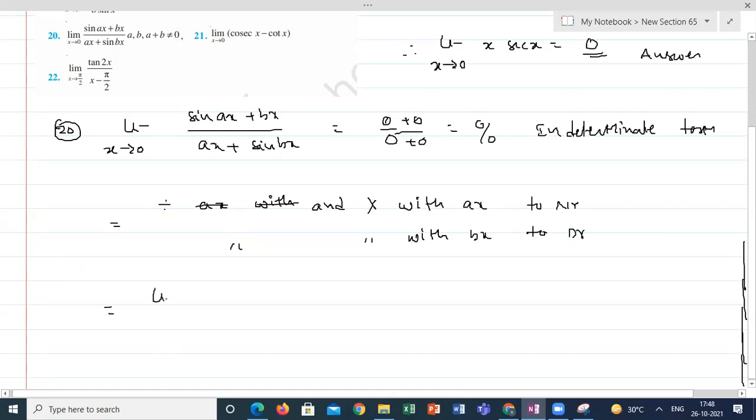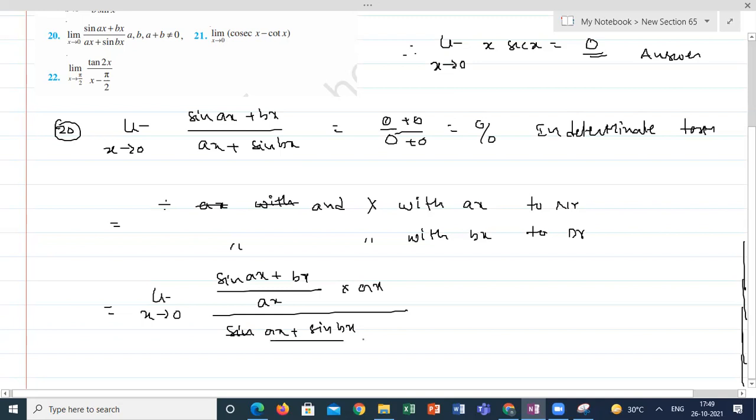Yes, sir. Limit x tends to 0, (sin ax plus bx) divided by ax into ax, divided by (ax plus sin bx) divided by bx into bx.